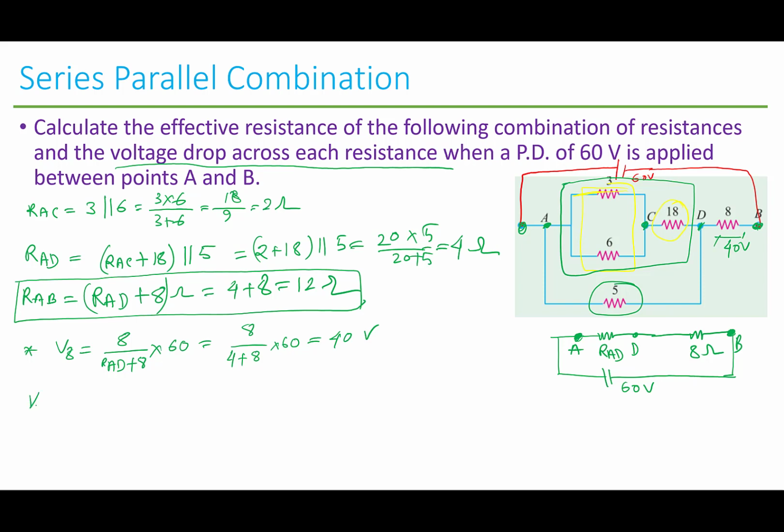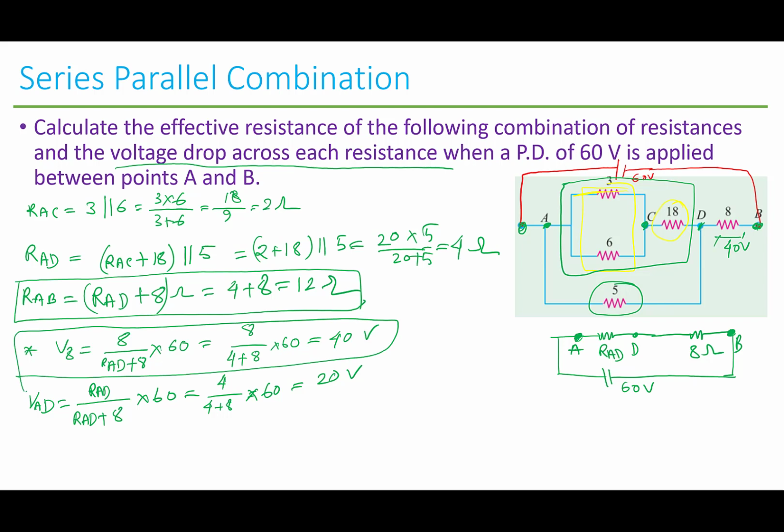So VAD is basically RAD over the total, which equals 4 over 12 times 60, which is 20 volts. You see, the sum of these two equals 60 volts.